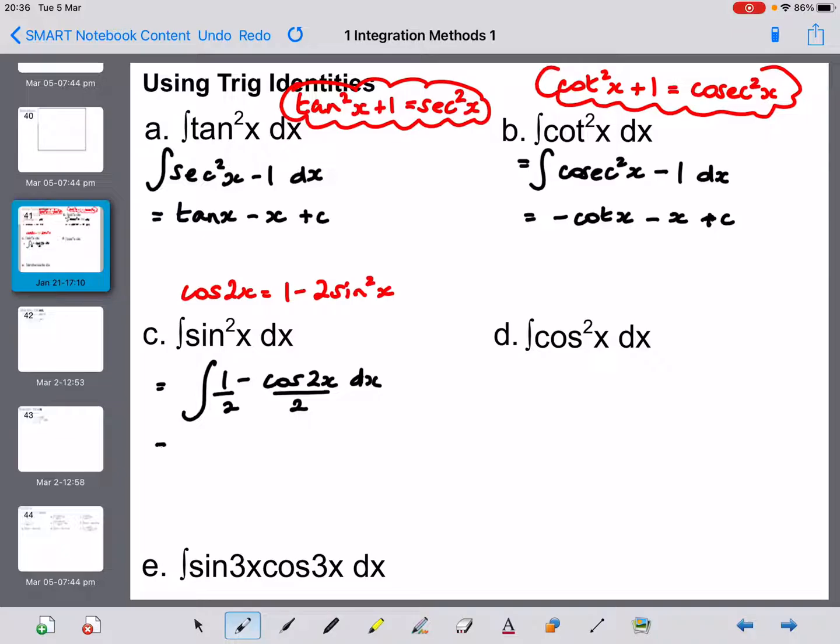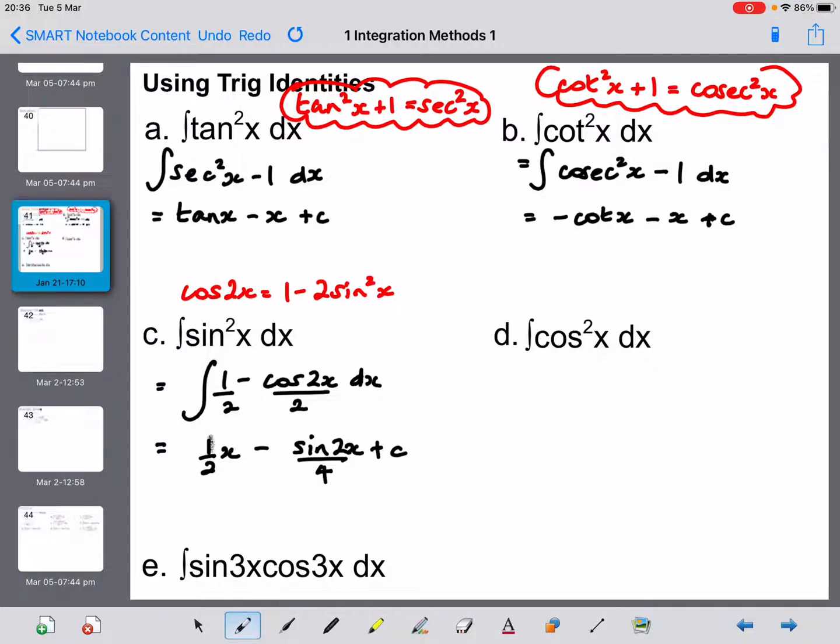Now we can integrate both of those. The integral of a half is a half x. The integral of cos is sine, so it's going to be minus sine 2x. But then we've got to divide by the derivative of the internal function, which is 2, so that's going to be over 4, because it's already over 2, plus C.